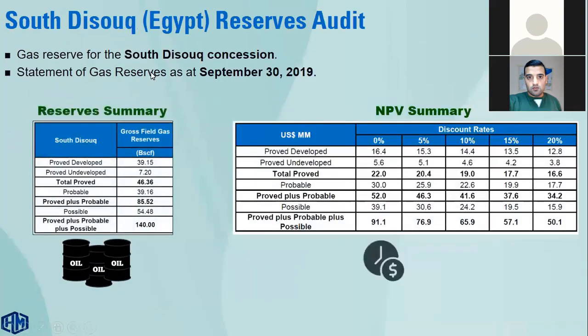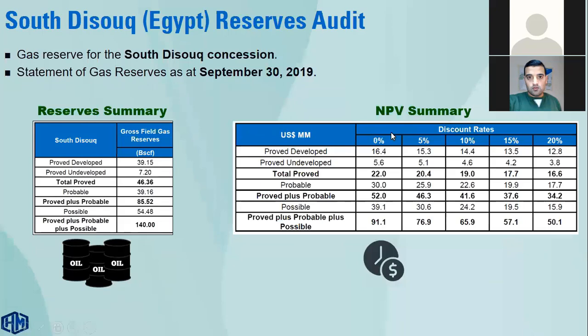This is another example for the audit for South Disouq in Egypt. This report is the statement of the gas reserves at September 30, 2019. We have this reserve summary for South Disouq gas field. As you can see, we have proved, probable, and possible reserve in values in billion standard cubic feet. The second part of this report is the net present value summary.